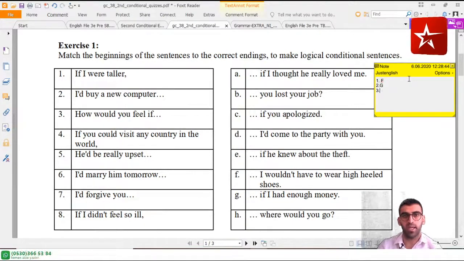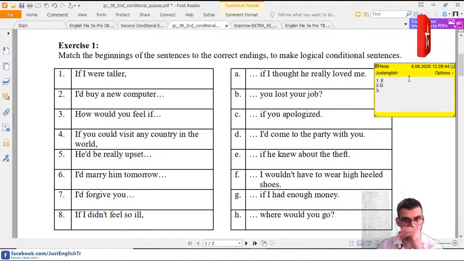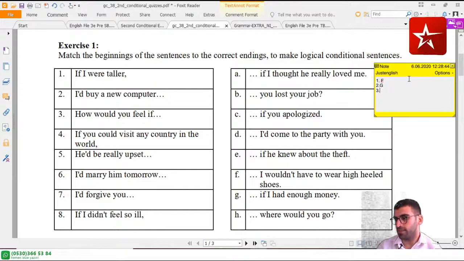Thank you. And number 3, how would you feel if Gülsafa is really active today? She says number 3 is B, Tuko, Sıla. They say also B is a correct answer.